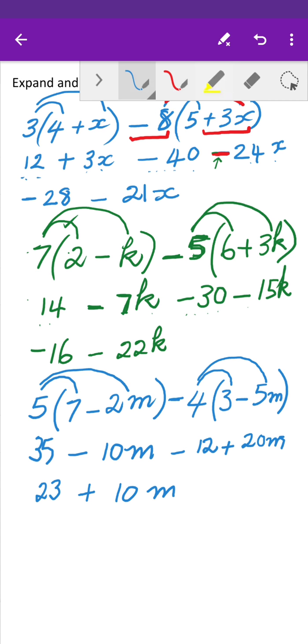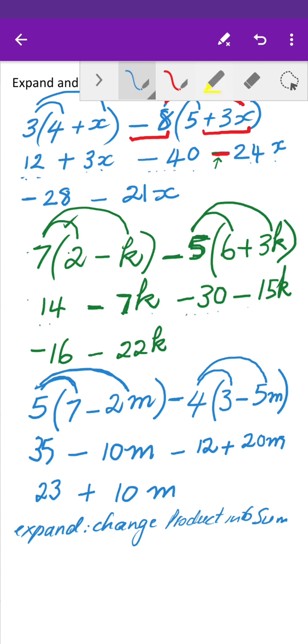So this is simplifying. Expanding is to change. By the way, the word expand is to change a product into a sum. So we start with a product and we expand by multiplying these two factors.